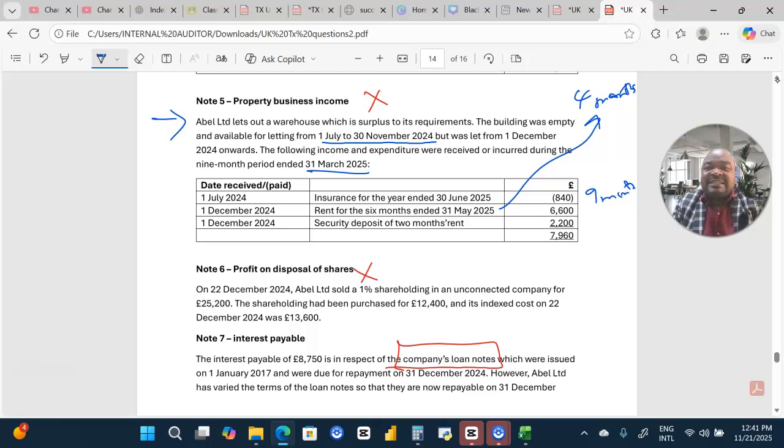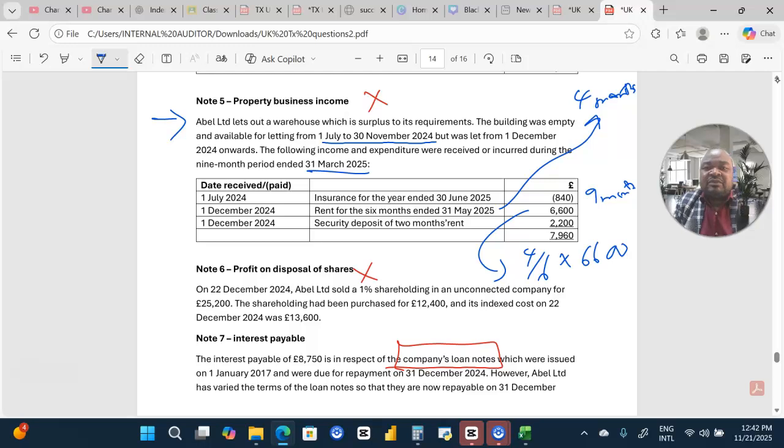So the applicable income here is 4 over 6 multiplied by the 6 months' rent. This is the income that should be taxed, part of the property income.